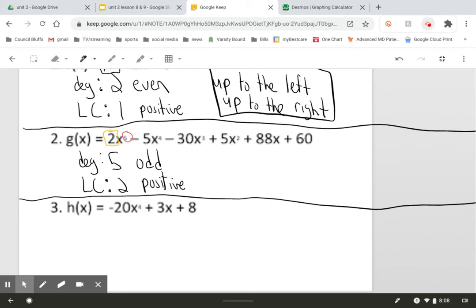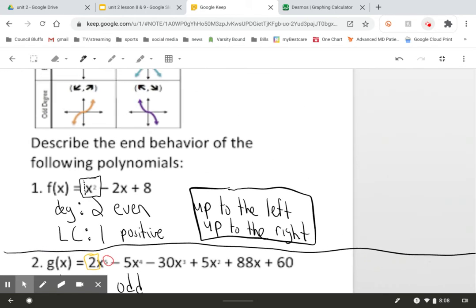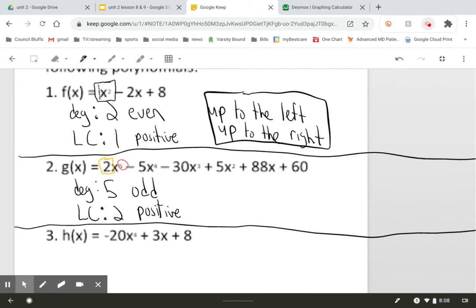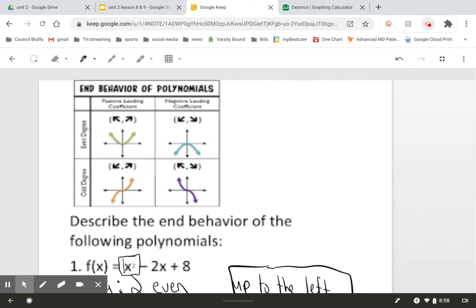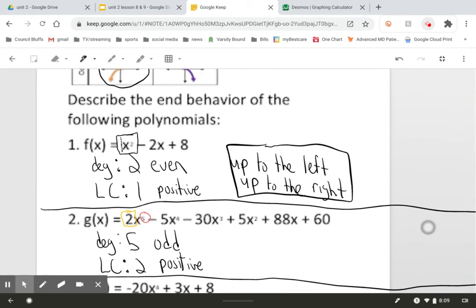So now I have an odd degree and a positive leading coefficient. So this right here is my end behavior. You can see this one is going to be down to the left and up to the right.